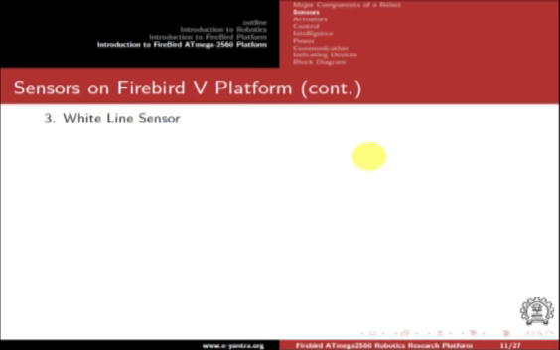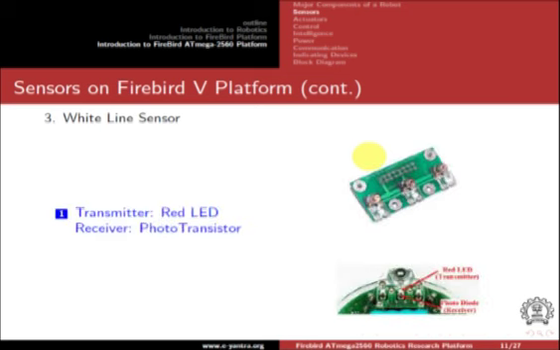Next, we have white line sensors. As the name suggests, these sensors can be used for sensing white line. This sensor has red LED as emitter and phototransistor as receiver. Working of this sensor can be explained using very simple physics. That is, the black surface absorbs all light incident on it, whereas white surface reflects light incident on it.